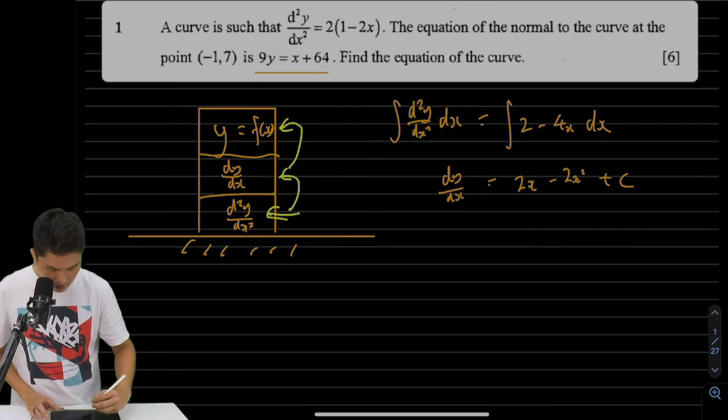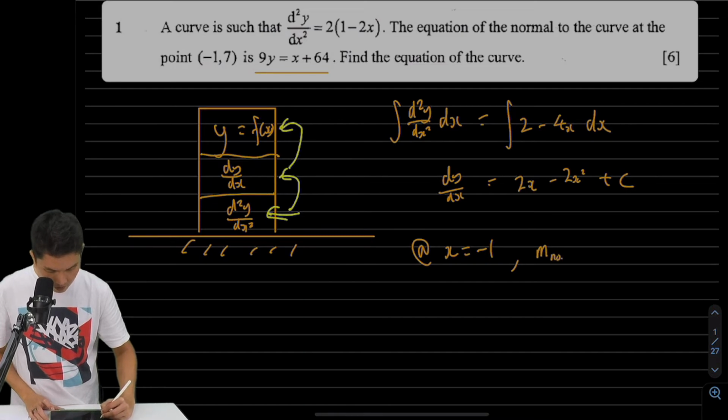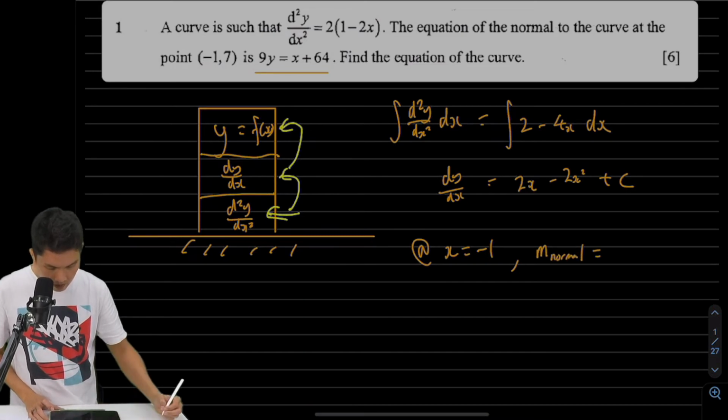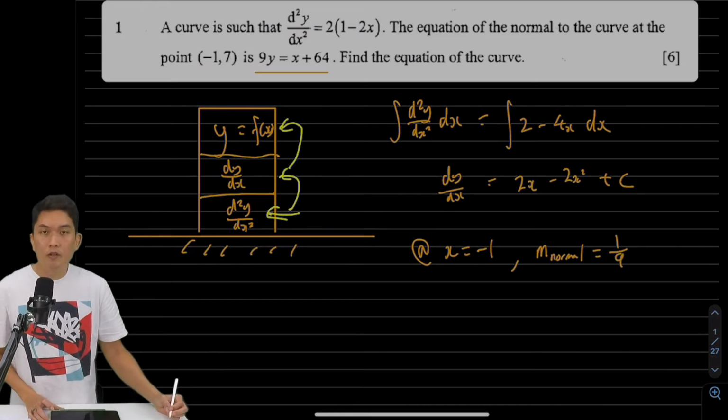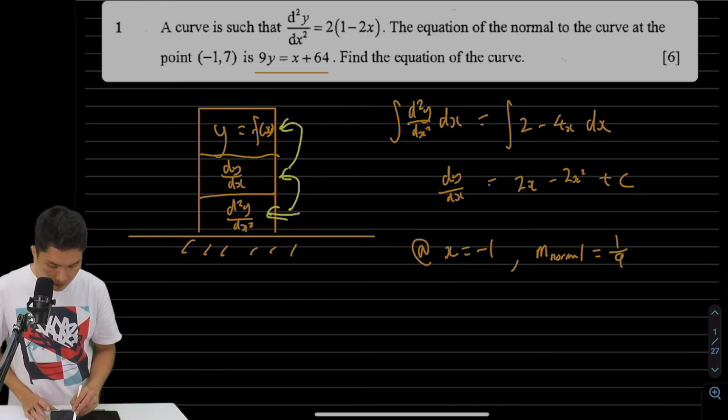So I can say that at x equals -1, the gradient of the normal is equal to 1/9. Right? How did I get 1/9? And that is from this straight line equation. Okay, why is it 1/9?